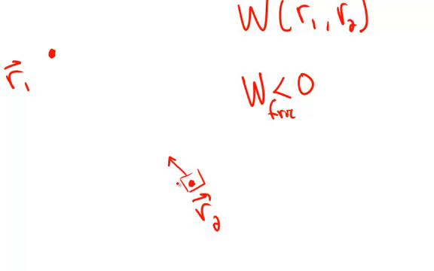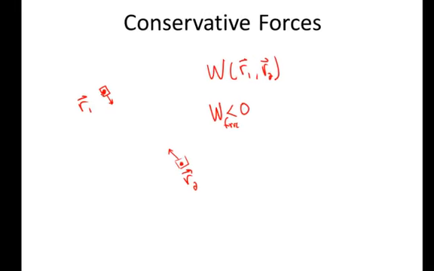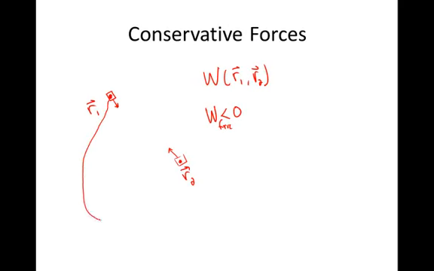So it depends on the endpoints, but it also depends on the direction, because if we were instead to start right here and move in this direction, we would still have negative work done by friction. If instead of going straight between these two, we took some convoluted path, we could have even more work done. So friction is going to depend on the path you take.